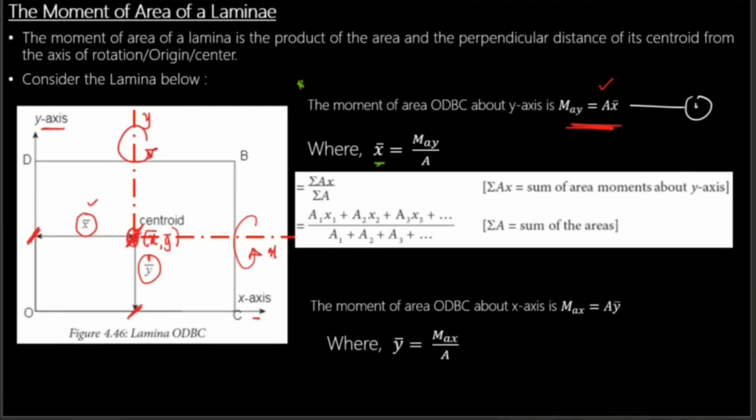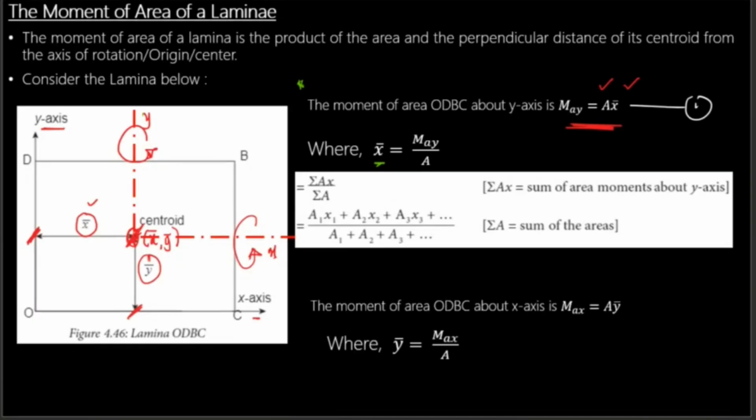I don't know if you can picture this. Those are the axes of rotation. When the formula is like this, you can transform it to your x bar, which is equal to the moment of area about the y-axis divided by the total area. The total area is still the area because it's a square. So you can see there is a formula here.